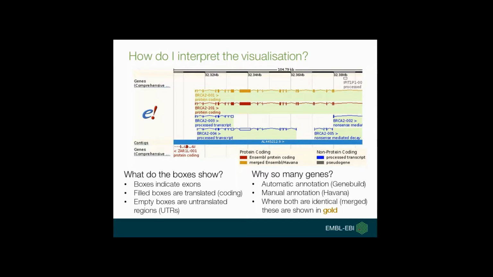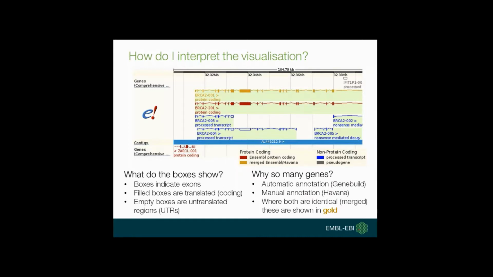In both cases, the annotation is based on biological evidence, so often things like expression data from RNA-seq and other kinds. There's lots and lots of different data that's pulled together, and I don't really want to go into the details of that now.